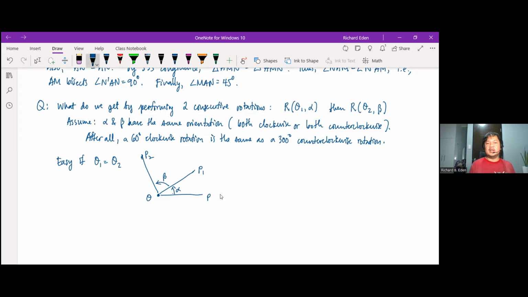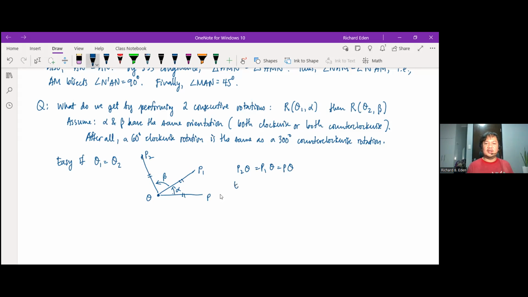But then clearly P2O is the same as P1O is the same as PO, and so if you look at P all the way to P2, then because P2O and PO are the same, you could imagine that this is the effect of a rotation with angle alpha plus beta.